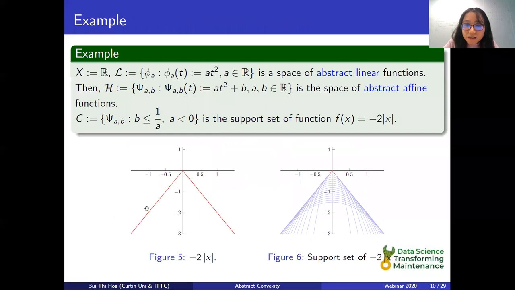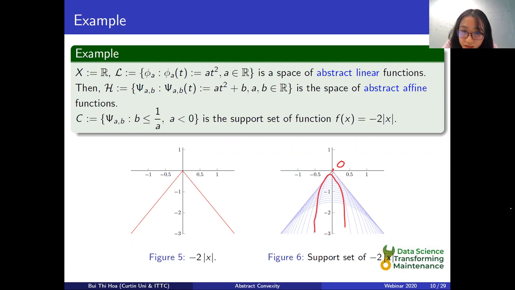Let's check the figure again. If you check here at x equals 0, you will see that there's actually no quadratic function that can support this point. That is the reason why the subdifferential of the function at this point is empty.